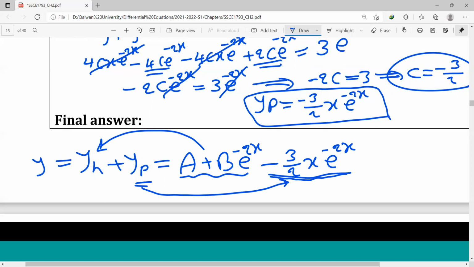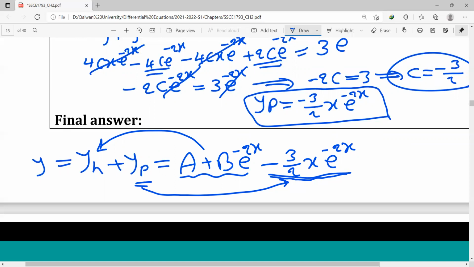Just don't be confused in solving the equation. First, find yh, the homogeneous solution. After finding the homogeneous solution, choose the suitable yp. After choosing yp, we find the first and second derivative of yp, then return it to the differential equation.